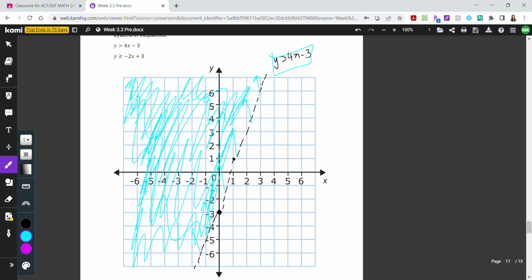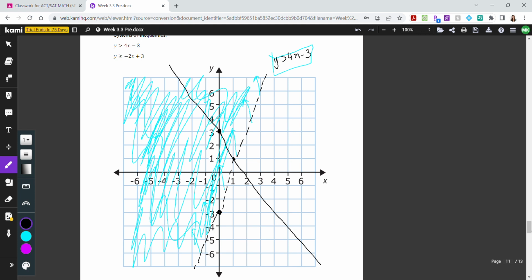Now I'm going to draw my other line, which is y is greater than or equal to negative 2x plus 3. So I know one of my points is going to be here, and the other point coincidentally will be at 1, 1. Right, so I'm going to draw a hopefully somewhat straight line. There we go.